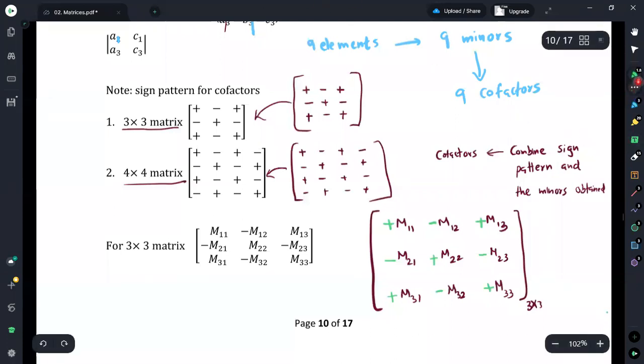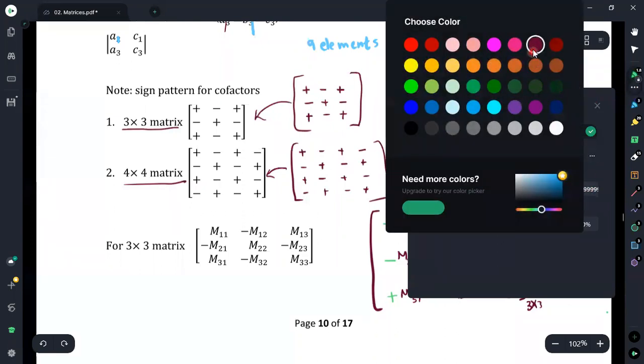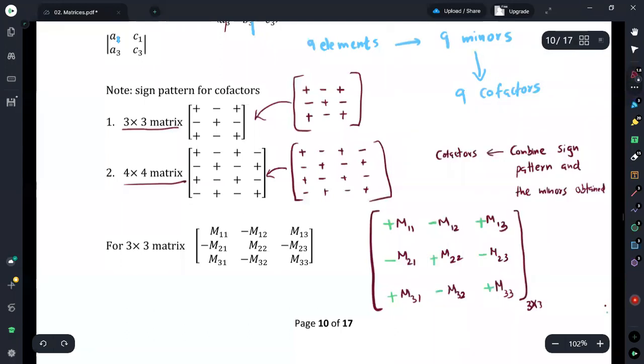Therefore, this will be equal to C11, C12, C13, C21, C22, C23, C31, C32 and C33.